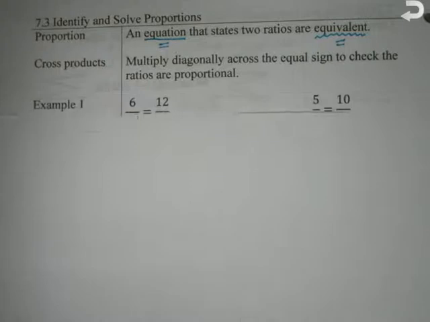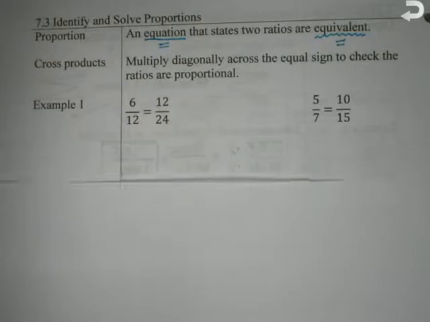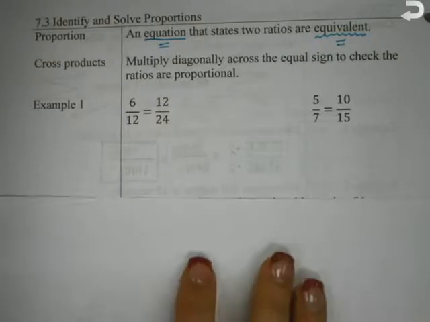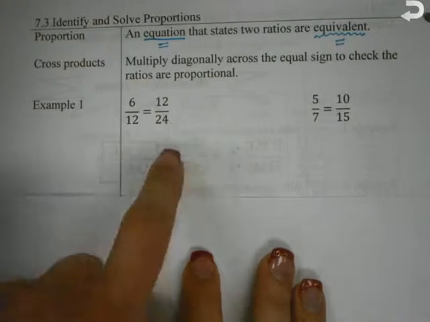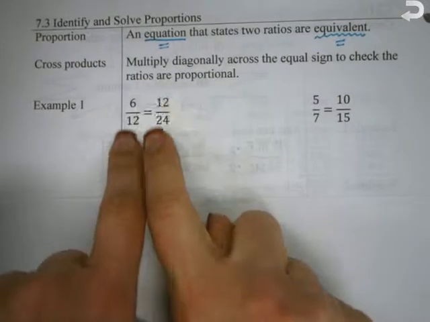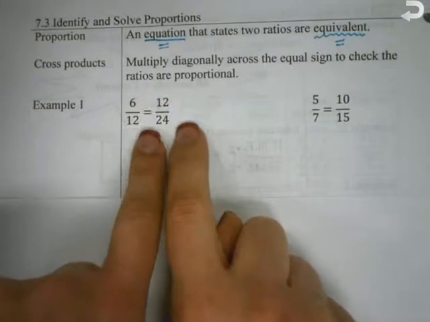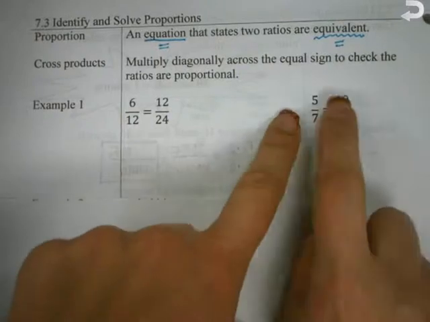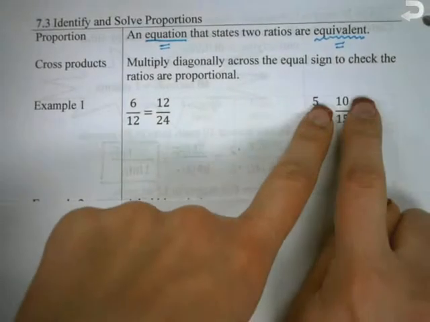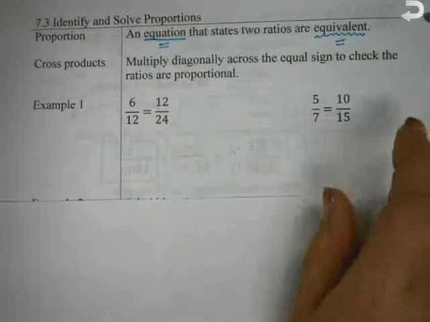So example 1, we have two parts to this one. I'm giving you two ratios. 6 over 12 is equal to 12 over 24. And the second set is 5 over 7 equal to 10 over 15. And we're going to determine whether these are proportional.